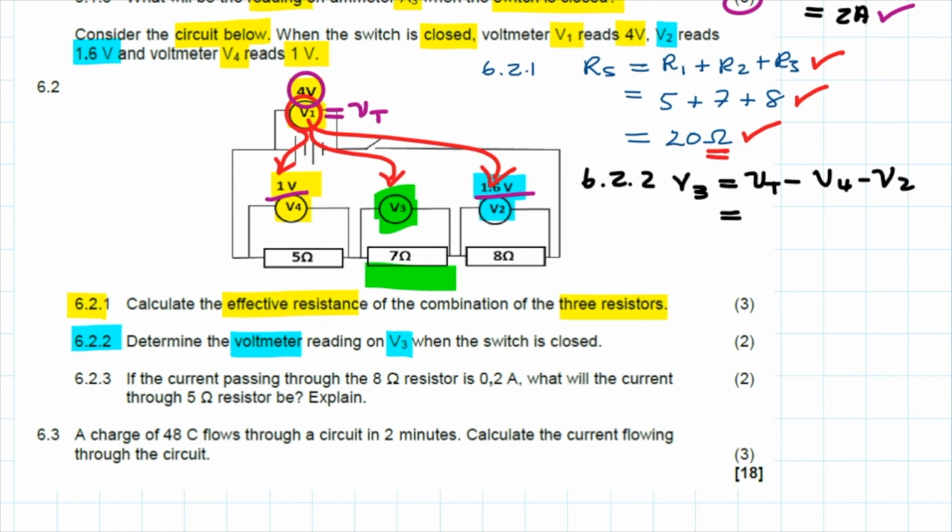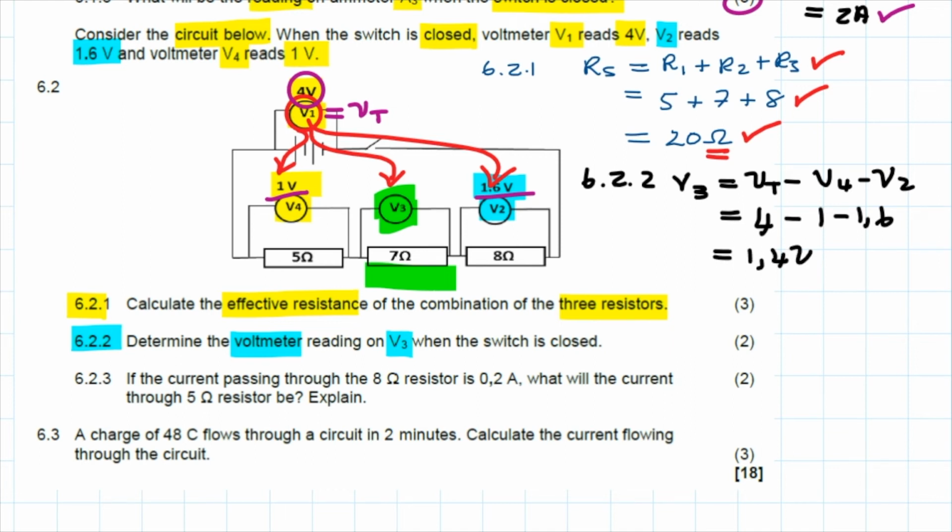Vt can also be described as V1. So that's going to be 4 minus 1 minus 1,6. And when we plug this into our calculators, we obtain a final answer of 1,4 volts.